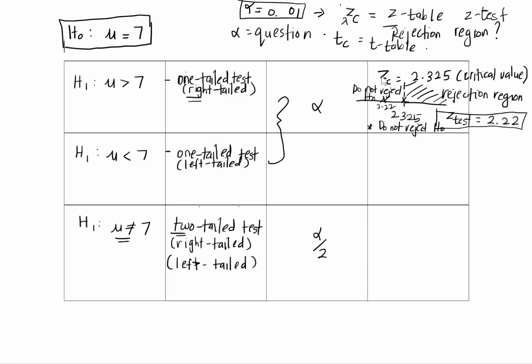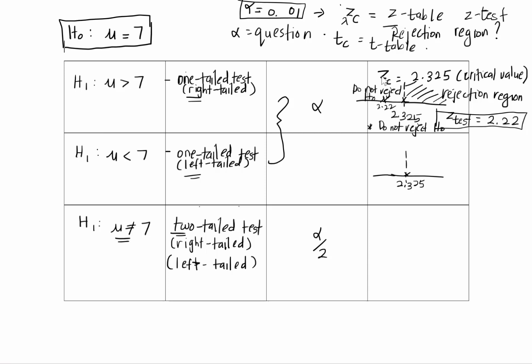Now we use the same example for a left tail test. We have 2.325 as the critical value. How do we determine which is the rejection region and which is the non-rejection region?